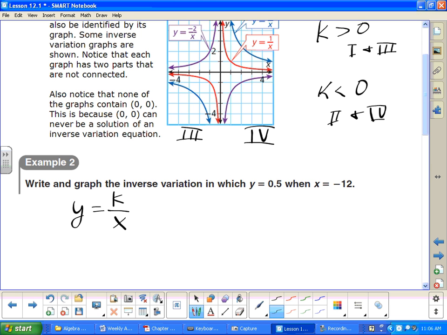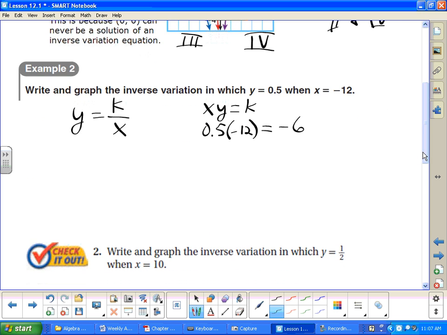So x times y equals k, so 0.5 times negative 12 equals negative 6. So my inverse variation relationship is y equals negative 6 over x. This is my rule for the inverse variation for this problem.